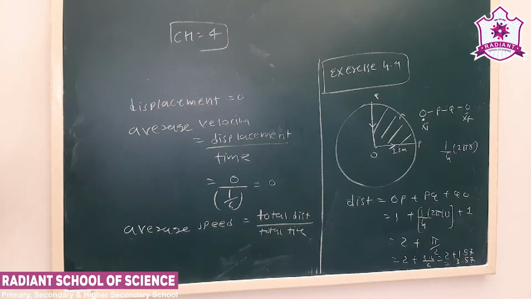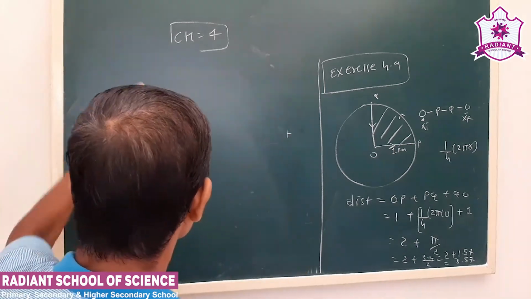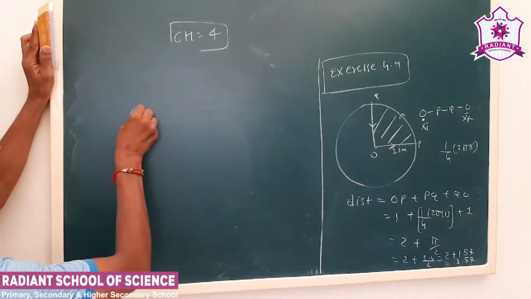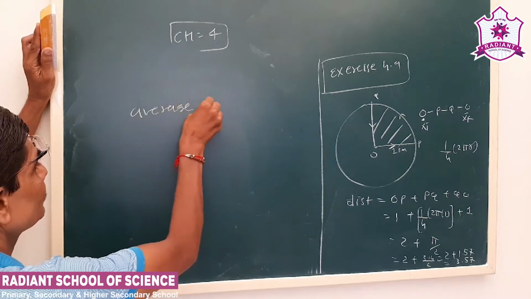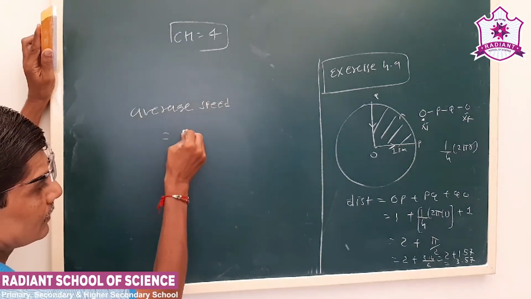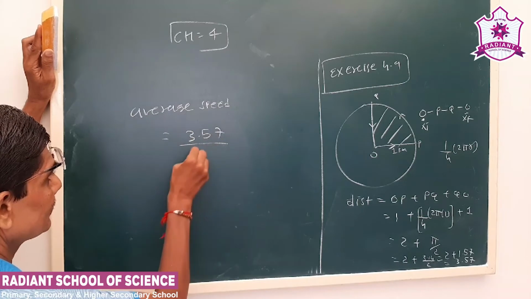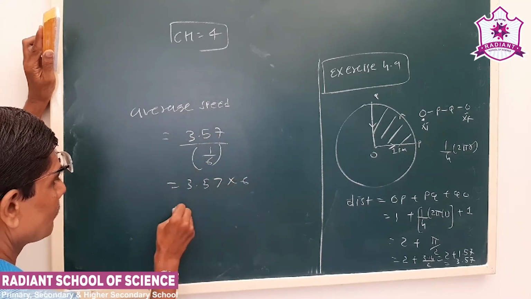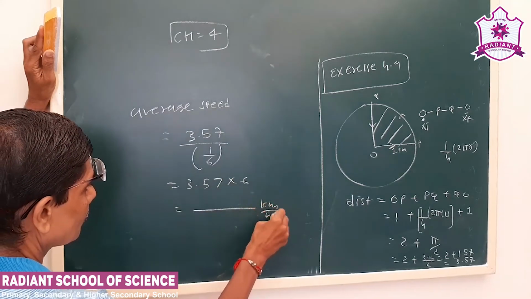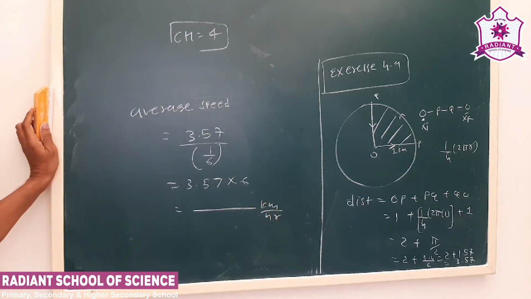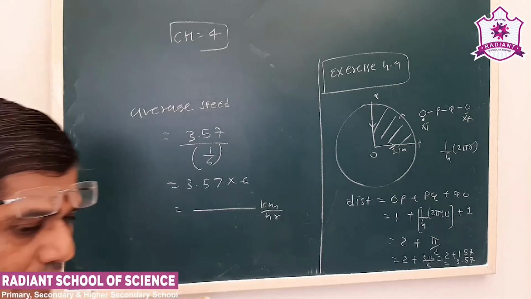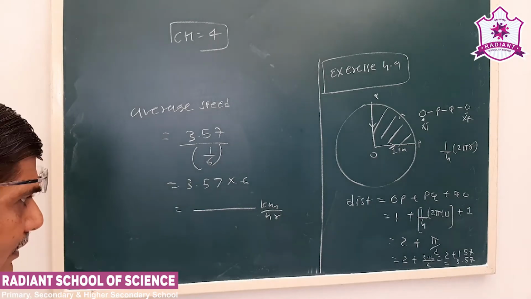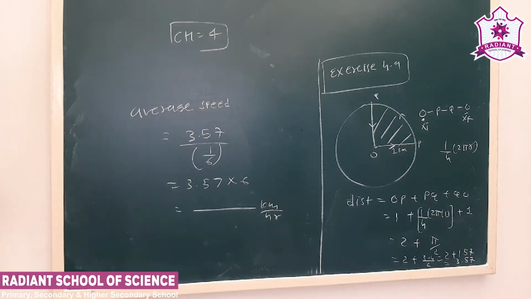kilometer. Now average speed is 3.57. Okay, and suppose we want the answer in meter per second instead of kilometer per hour. So you can convert to meter per second by using the formula.